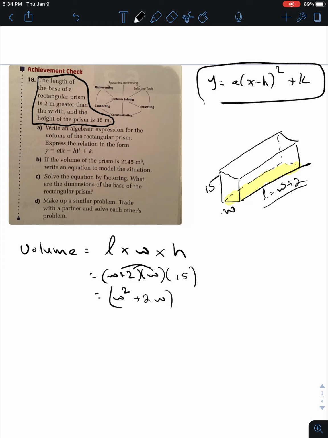And there's that bracket, but I still have to multiply both those by 15. Now, or do I? Because ultimately, remember what we got going on here, right? I want to write it in this form. So what am I going to have to do in order to do that?